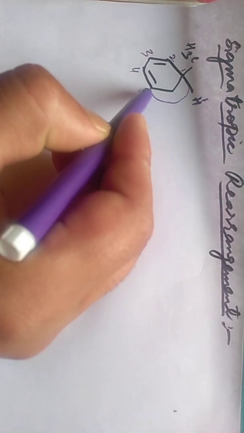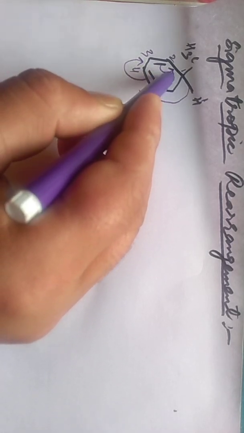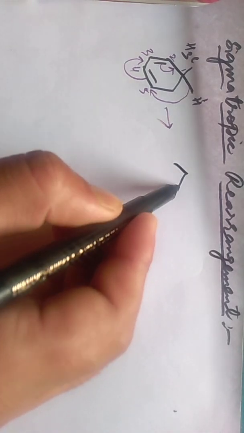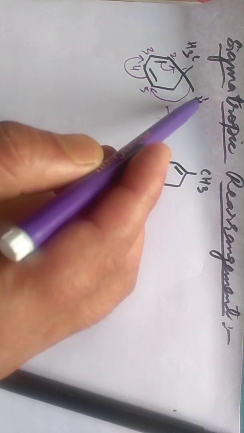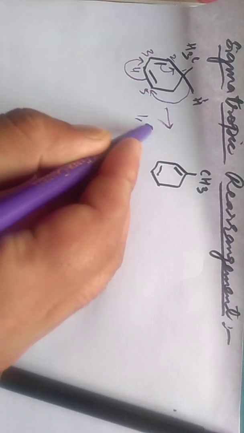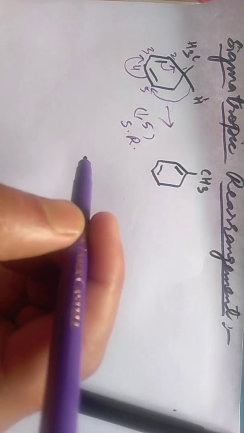This bond shifts to this position, this bond shifts to this position, and this bond shifts to this position, and we get the product like this. In this case, the new bond is formed between 1 and 5. So this is a 1,5 sigmatropic rearrangement.